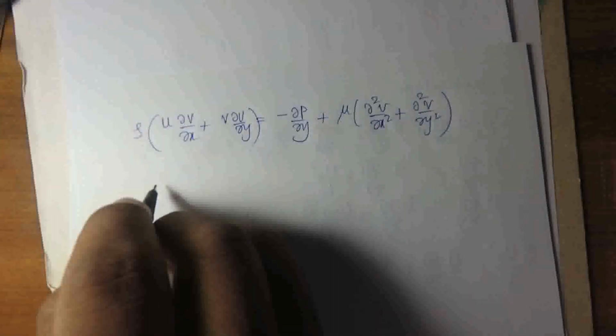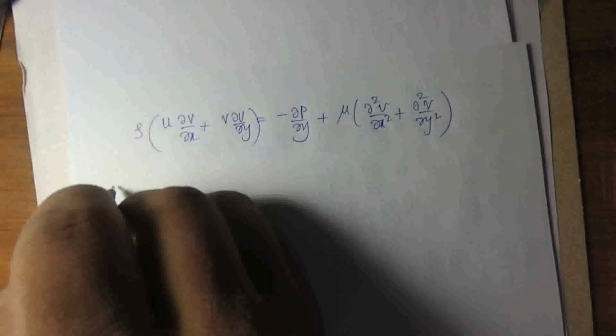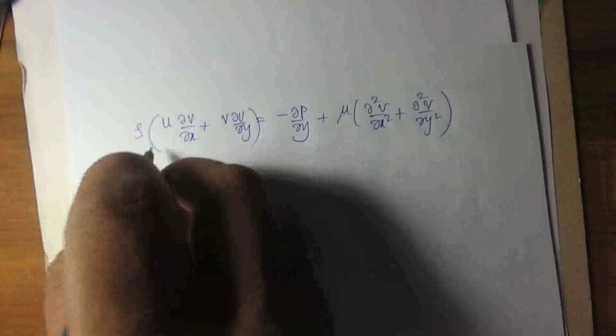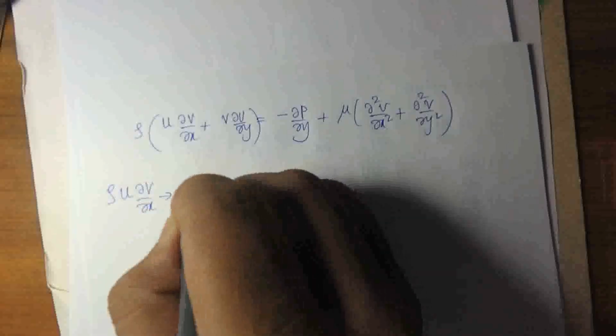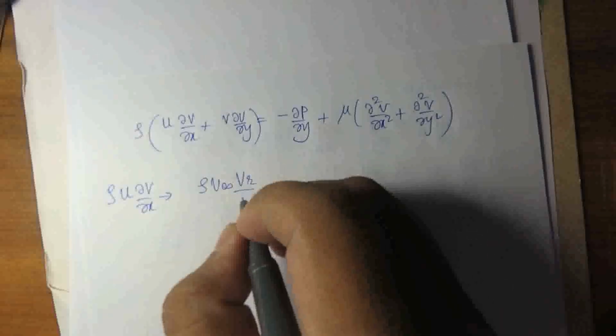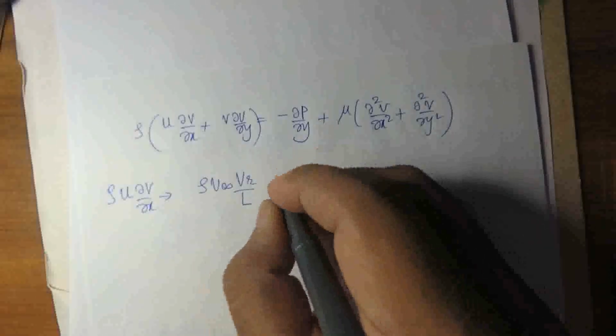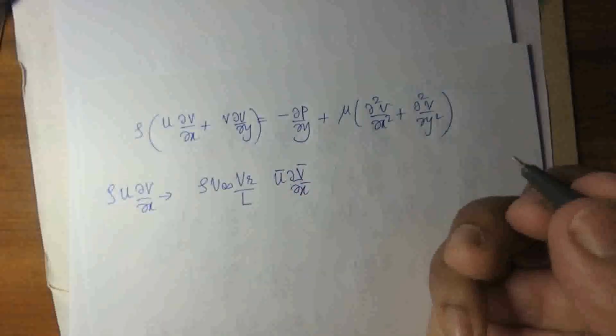So now let us write down the equation in terms of the non-dimensional variables. The first term is rho u del v del x, which is nothing but rho u infinity v reference by L times u bar del v bar del x bar.